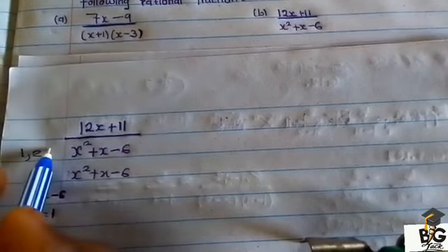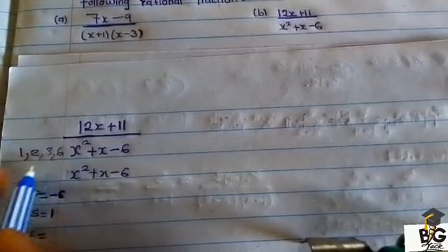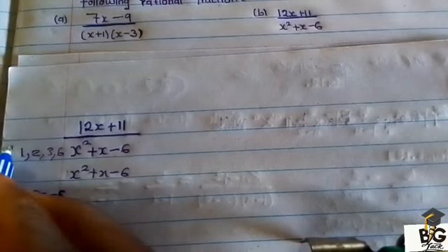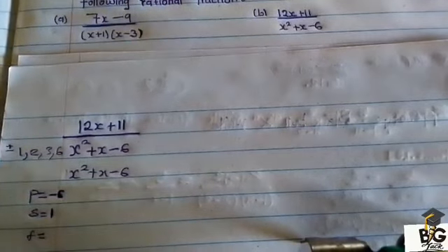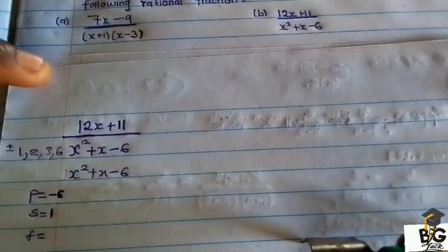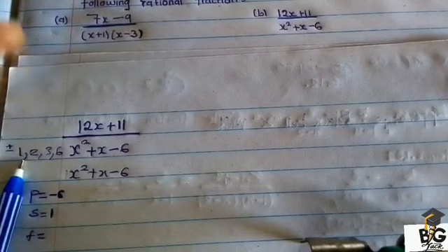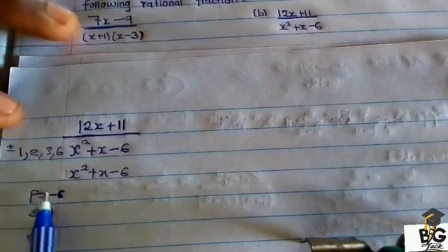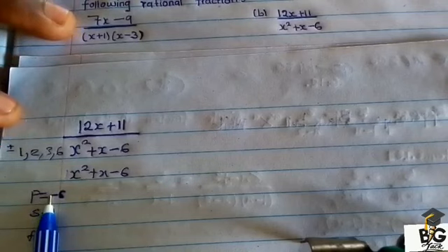They can be positive or negative integers. We need to think of two numbers that we multiply to get negative 6, and when we add them, we get positive 1.